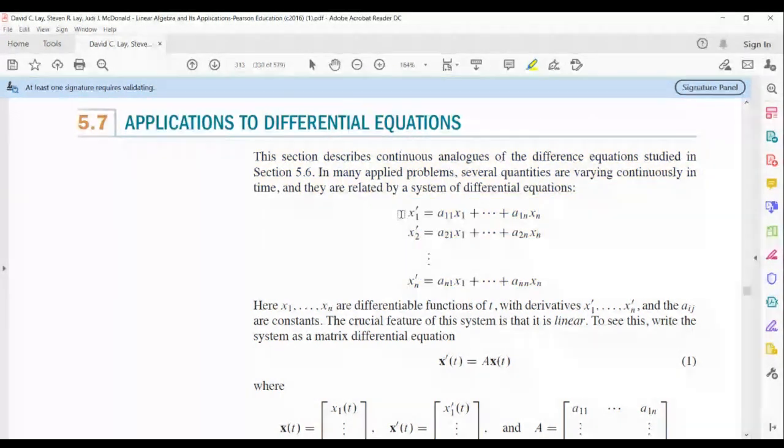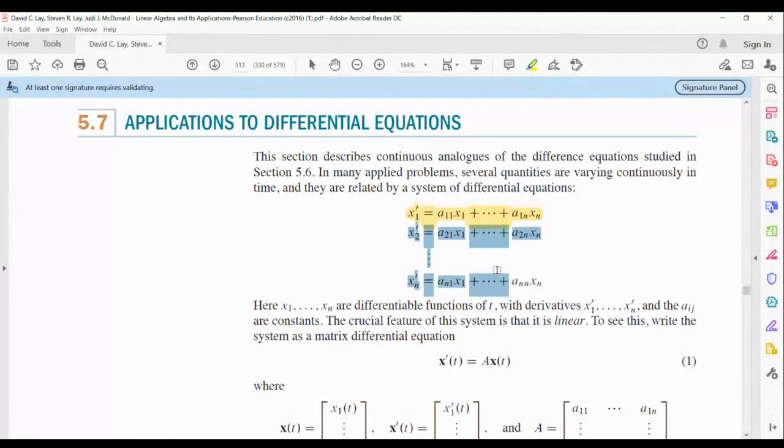If you look at the first differential equation, x1 prime, that means dx1/dt, by the way. x1 prime is equal to a linear combination of x1 up to xn, and the coefficients of x1 up to xn are numbers. That is what a linear differential equation is.